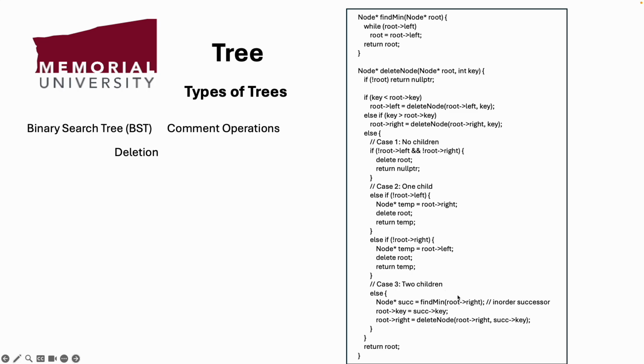We pass the right subtree to find the minimum node, define the successor pointer to point to the minimum node, replace the key value, and then process deletion by recursively calling this function on the root's right subtree with the value we're going to delete.